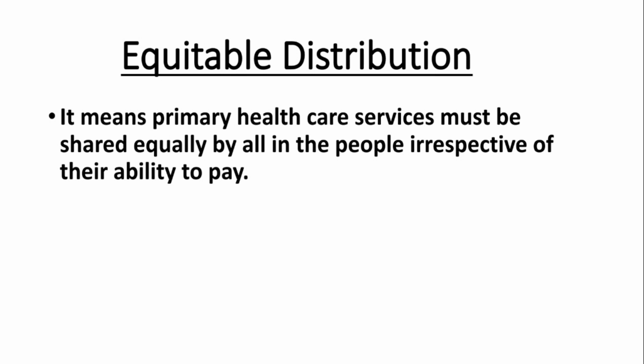So equitable distribution means these primary healthcare services are equally given to people irrespective of their ability to pay, covering rural and urban areas, and mainly focusing on a particular community or segment of the community, the underprivileged and underserved section of society.